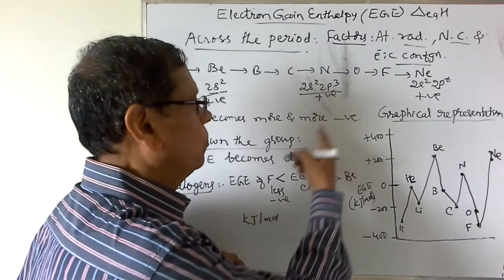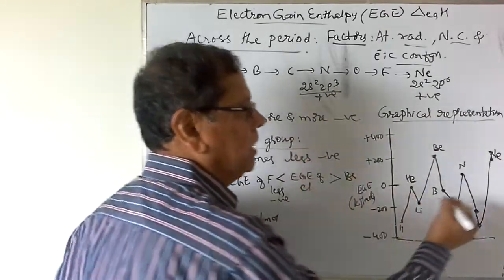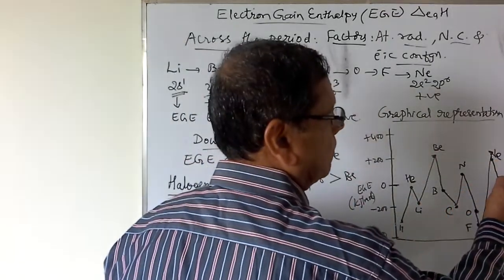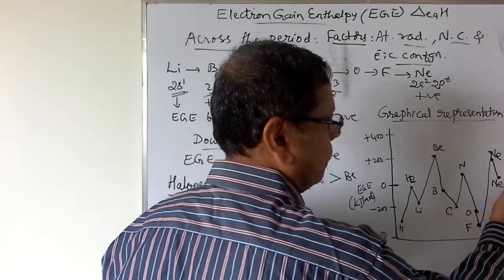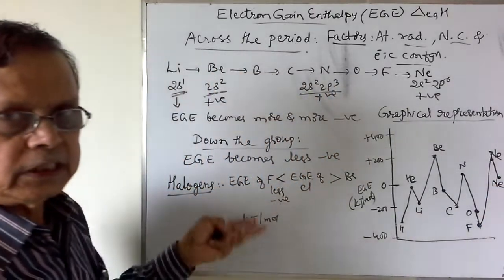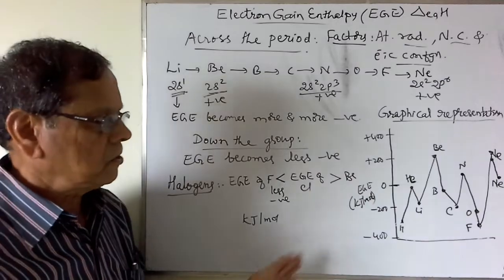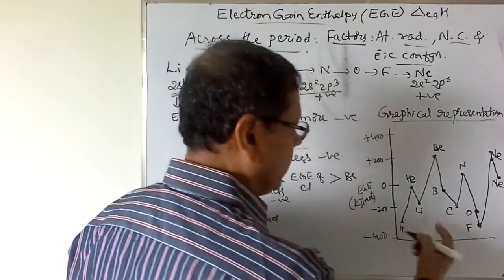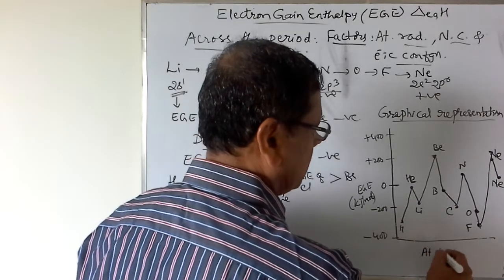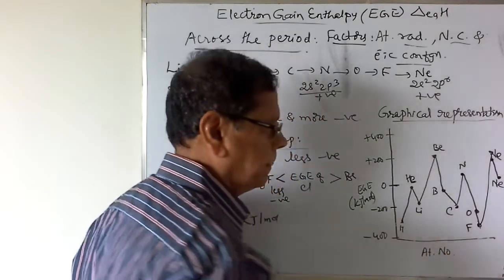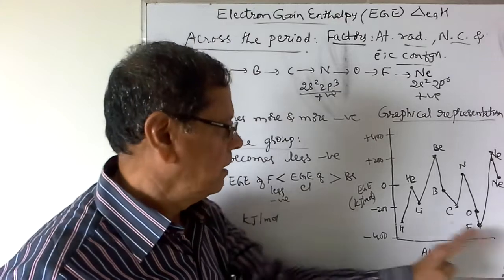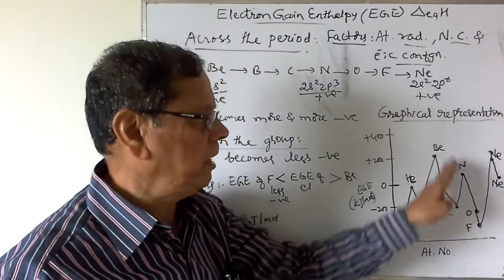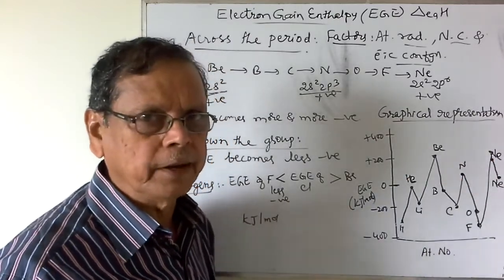But when we move from neon to sodium, again there is a decrease in the value because of the 3s1 configuration. So this is the irregular variation in the electron gain enthalpy. This is drawn against the atomic numbers. As the atomic number increases, there is an irregular variation in the electron gain enthalpy.